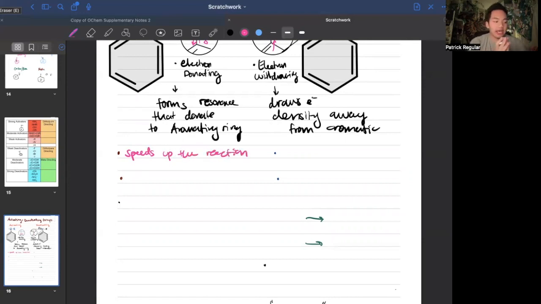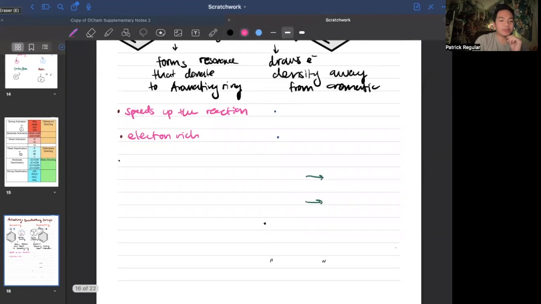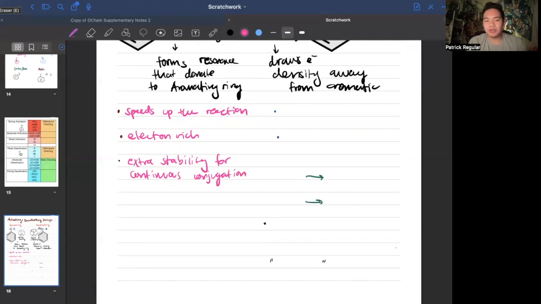Not only that, the aromatic ring, with electron density being pushed into it, is relatively electron rich, and that also provides extra stability for continuous conjugation. It stabilizes those resonance structures. That's essentially what I'm saying with all of these three points. It's stabilizing the resonance structures. Again, I will show that later, so don't worry about this right now.